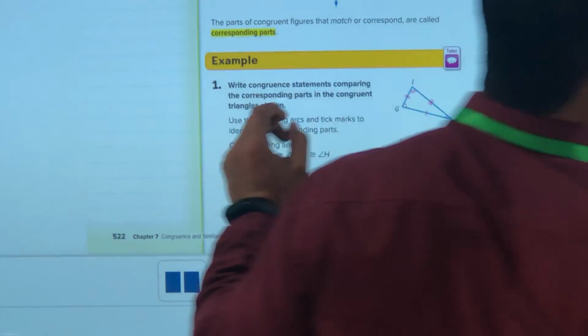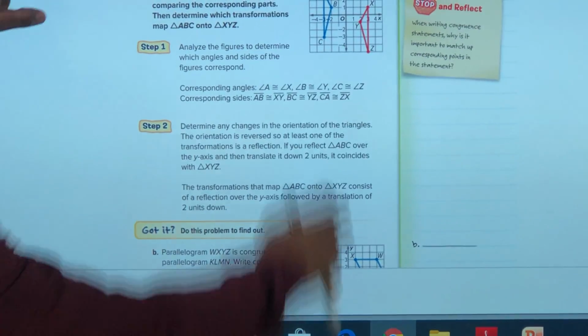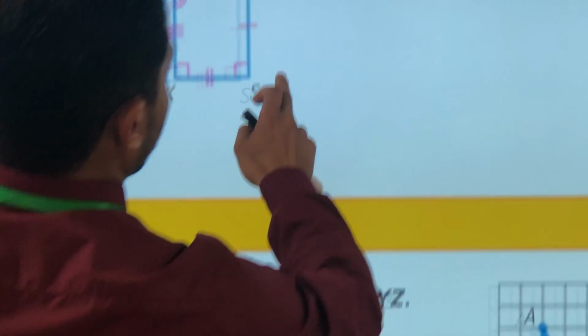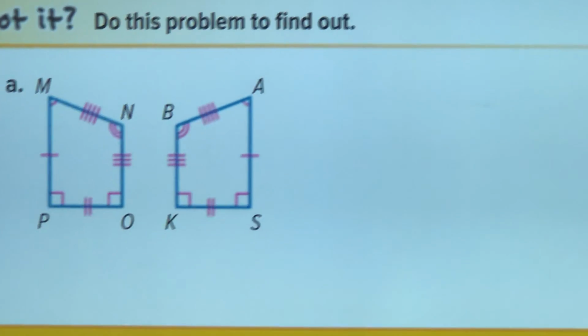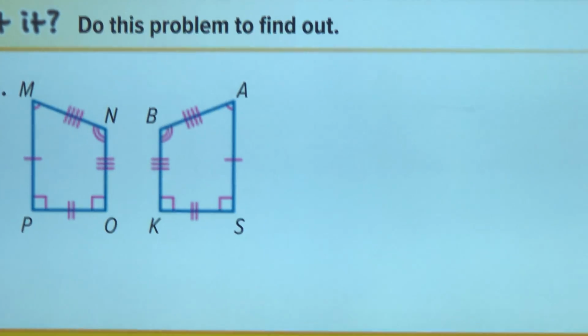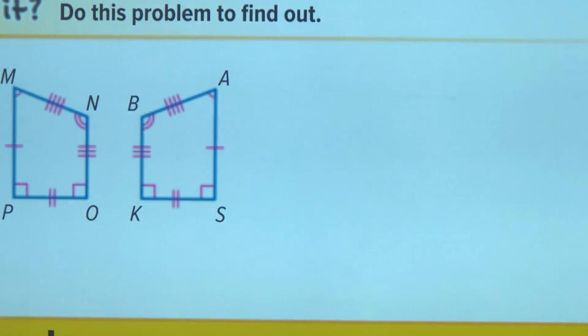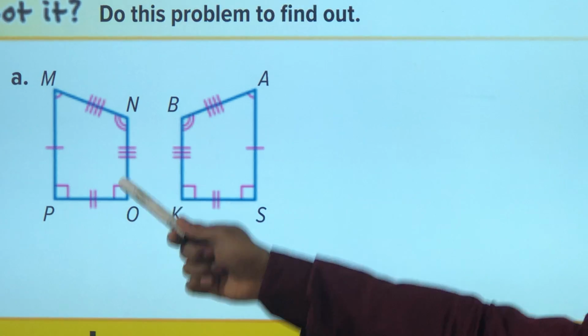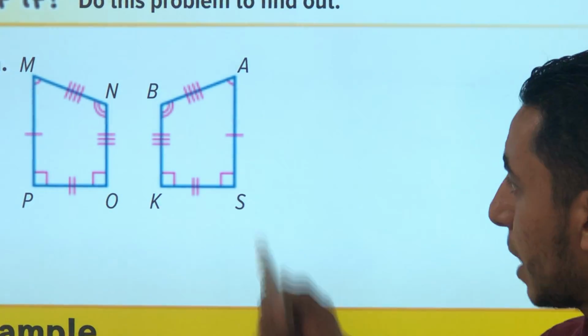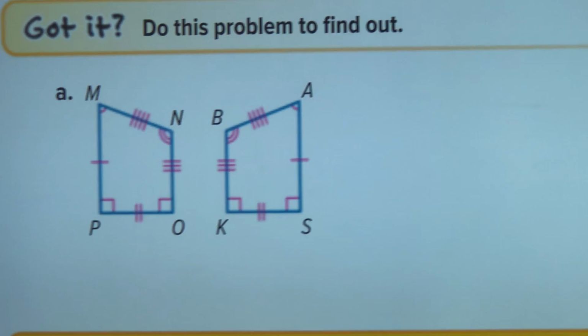Next page, the next example. Good. We have two congruent polygons. This is a quadrilateral, 4 sides, 4 angles, and follow the matching arcs and tick marks.